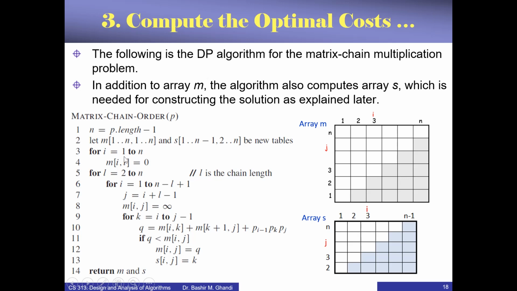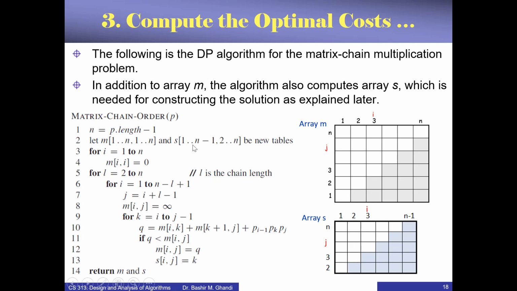The dimension array is always going to be 1 more than the actual number of matrices because we are starting from 0. Next we define two arrays. M is going to be of dimension 1 to n, 1 to n. But S doesn't need to go as far as n, because as you recall, if i is equal to j, then only one matrix is involved, and therefore we don't need a k in this case because there is no splitting involved.